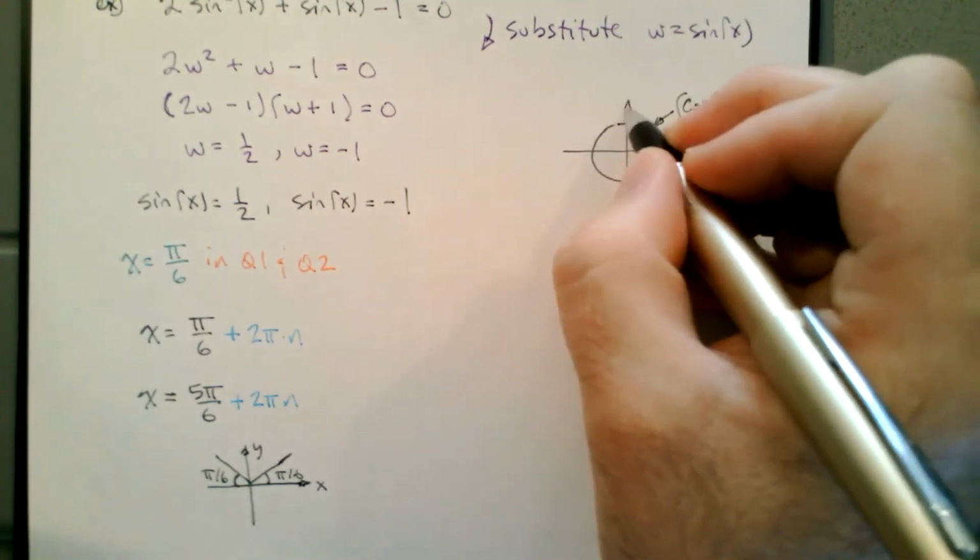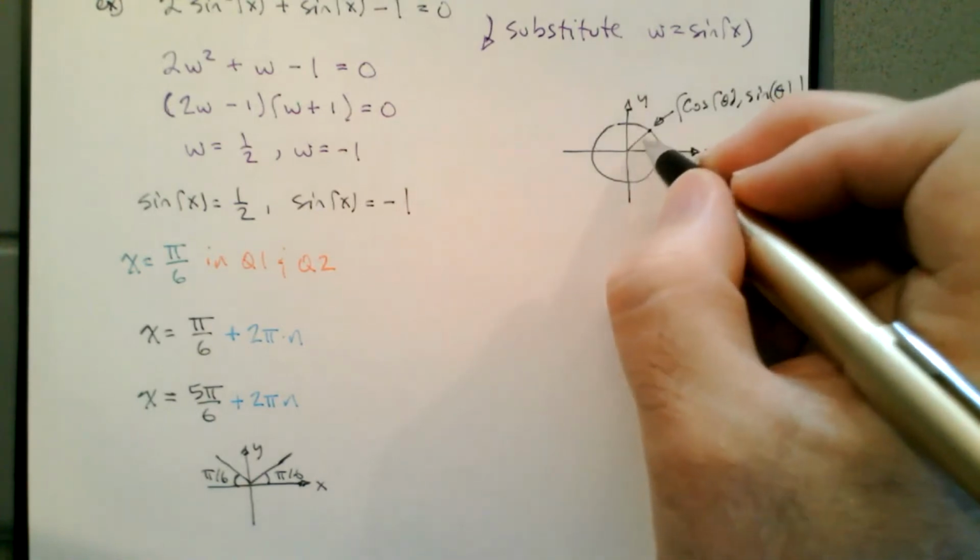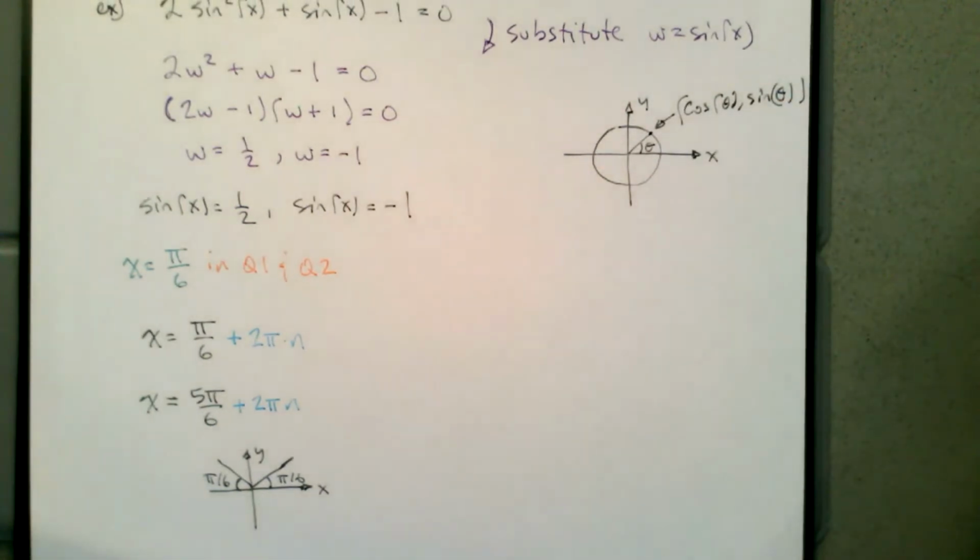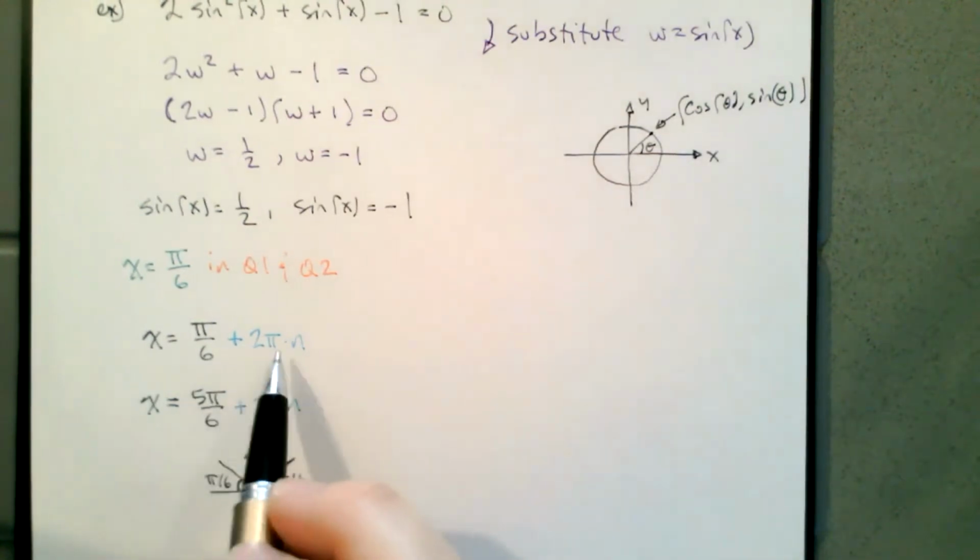Okay, and then how do you decide? Because both of those are positive and you were using the fact that sine x equals 1/2, that would mean sine is equal to a positive. So how do you decide which quadrant? Because sine is positive in quadrant 1 and quadrant 2. Right, so we have to write down both. That's why I got pi over 6 plus 2 pi n.